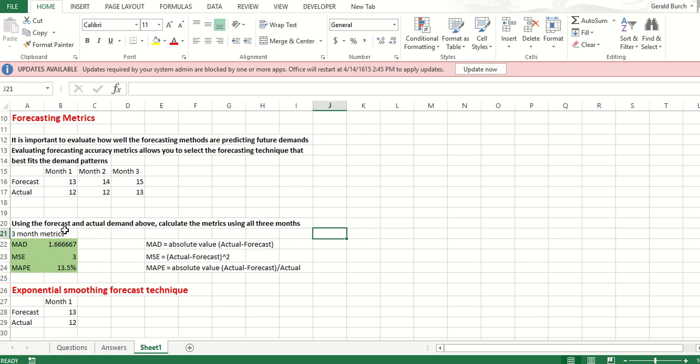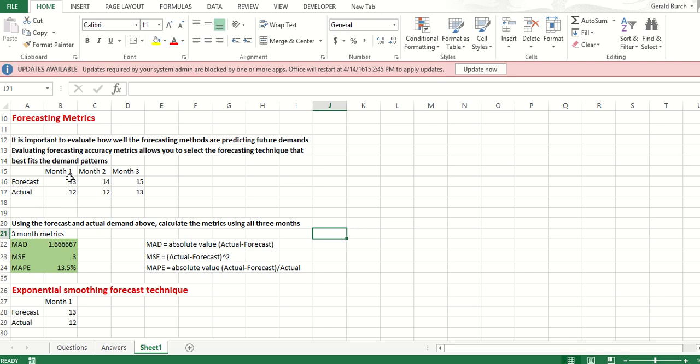3 standard ways of looking at forecasting metrics. There's the mean absolute deviation, there's a mean squared error, and there's a mean absolute percent error. Here are the answers that I provided for you all already, but just in case, let me make sure that you know how to calculate these things. So the MAD is the mean absolute deviation, which really is just the absolute value of how much the actual and forecast varied.